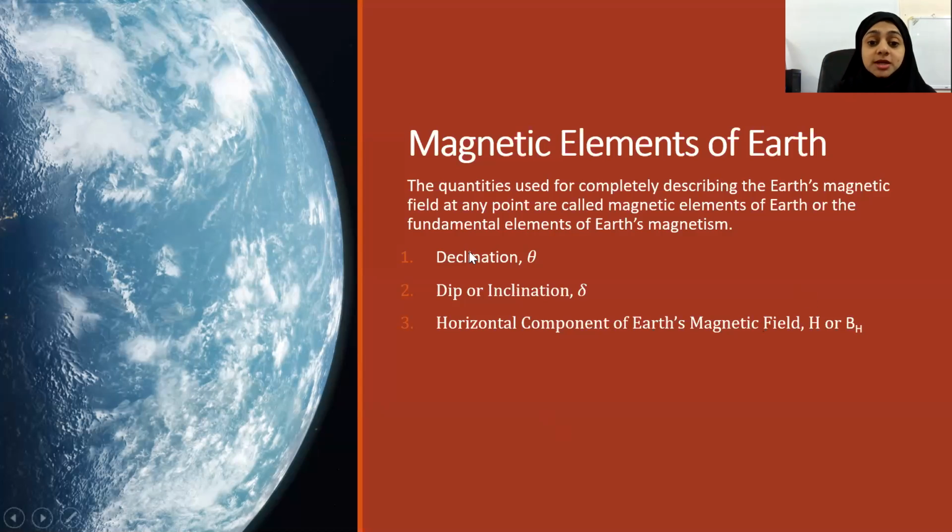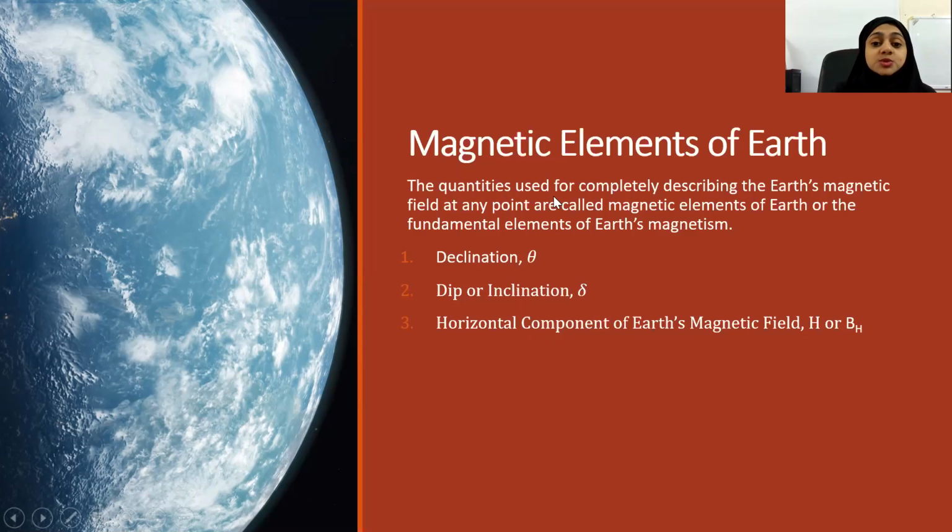One is called declination, represented by theta. Another one is dip or inclination, represented by delta. And the third one is the horizontal component of Earth's magnetic field, H or BH. Now we will be learning these three in detail.